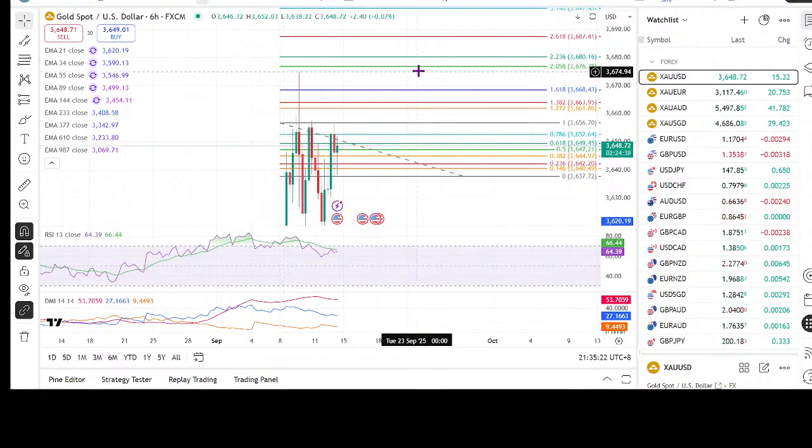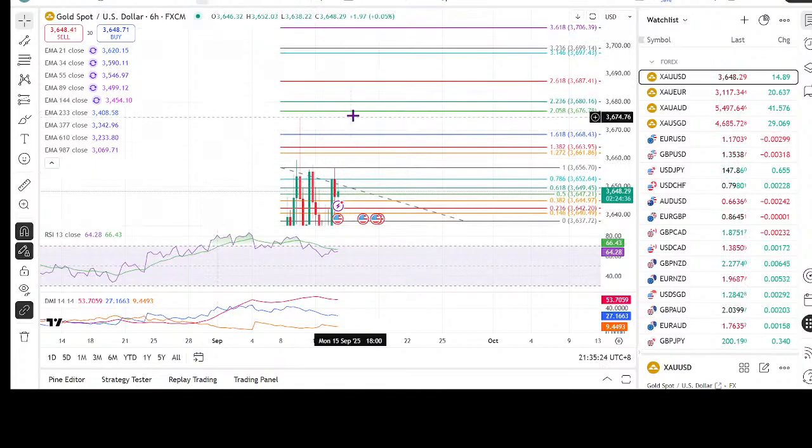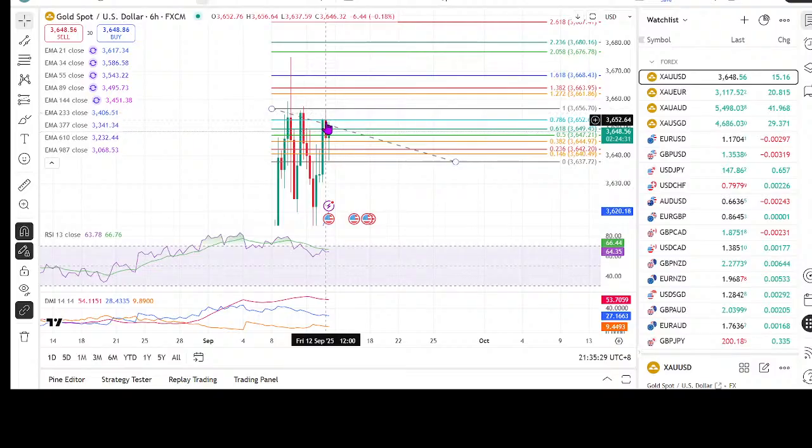And if the 75 breaks, then we can see the price heading north towards 80, 85, 95 and higher. So this is the situation based on the 6 hours.